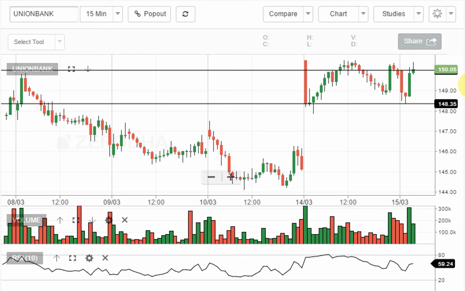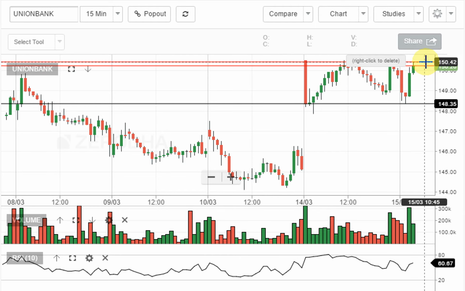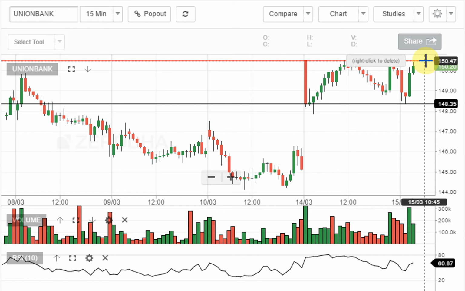So it's also achieved, I think. 150.45 today. Yesterday's target has already been achieved. So there you have got a clear 150 rupees, if you have got 100 quantities. So 150 as your profits.